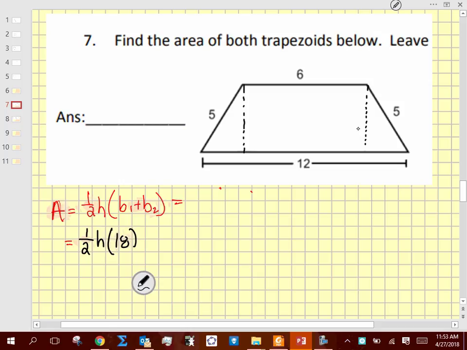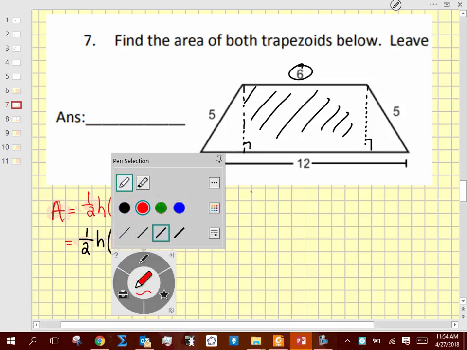Yeah, I think your approach is perfectly fine. But I think maybe the easier thing to do is when we drop both those altitudes down, what is this shape here? It's a rectangle, right? And that distance right there has to be 6.